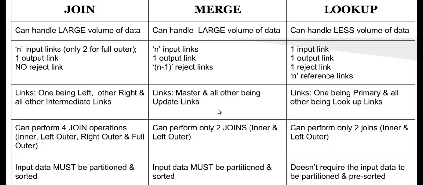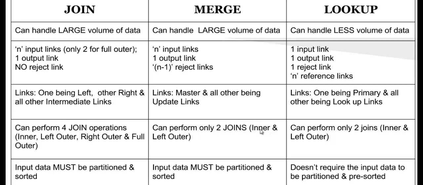So this is not a big deal, but still some of those guys ask, so I'm just making sure you know these. And join, by now you should know that join performs 4 different types of joins: inner, left outer, right outer, and full outer, right? And merge can perform only 2 joins, inner and left outer.